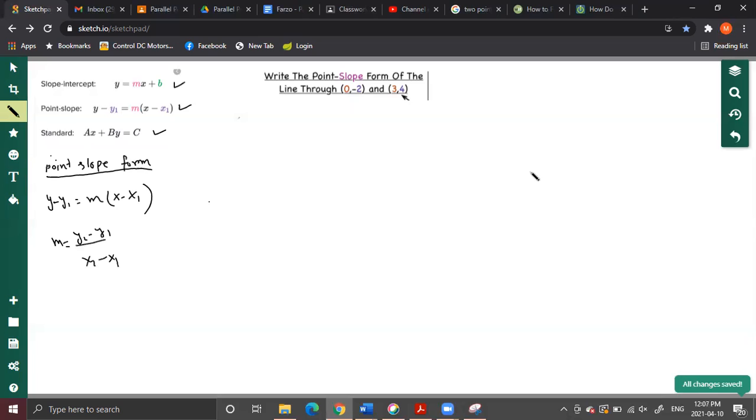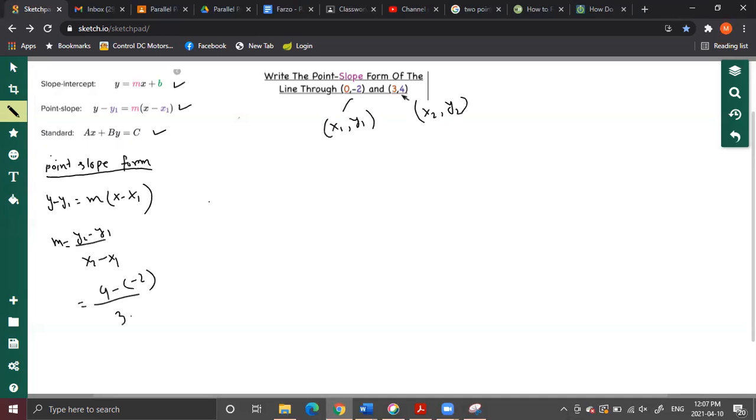So in our example, (3, 4) will be our (x2, y2), and (0, -2) will be our (x1, y1). So we'll be substituting these values. So 4 minus -2 over 3 minus 0. So we get 4 plus 2, which is equal to 6.